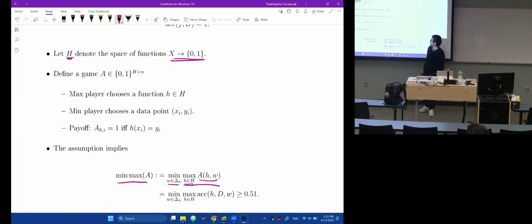I will not go through this calculation, but assuming it, it means that for any weight given to us, you can find some function h such that this is strictly more than half. So the min-max is strictly more than half. That's what it means to assume that there is a weak learner for any weight.